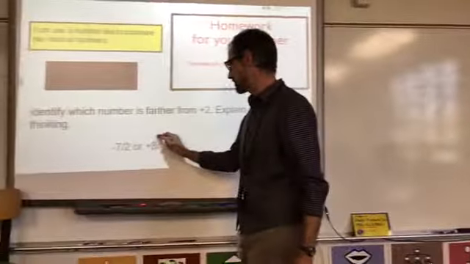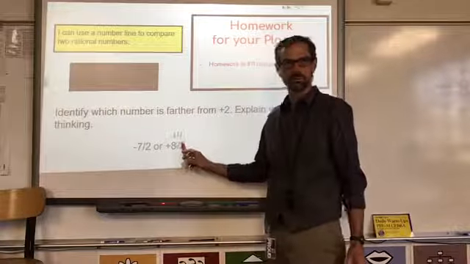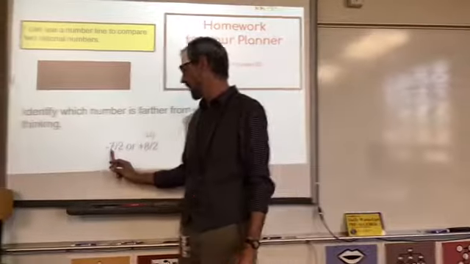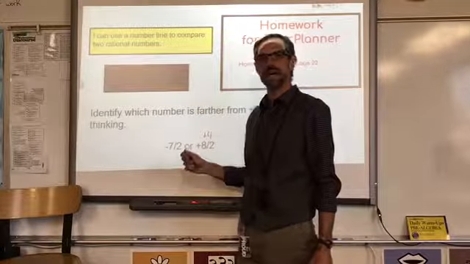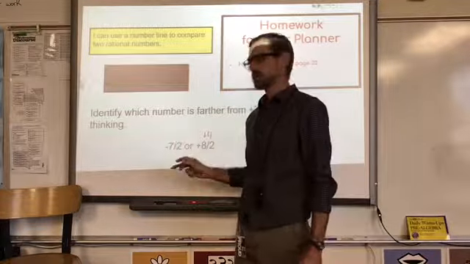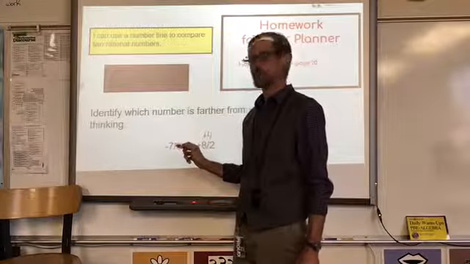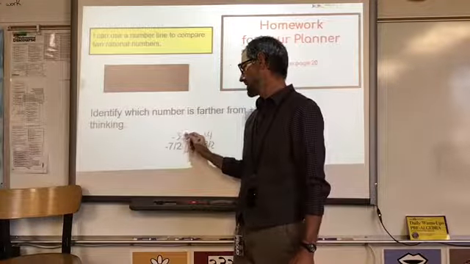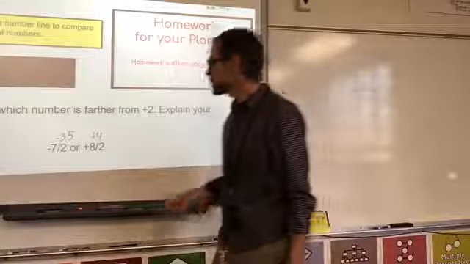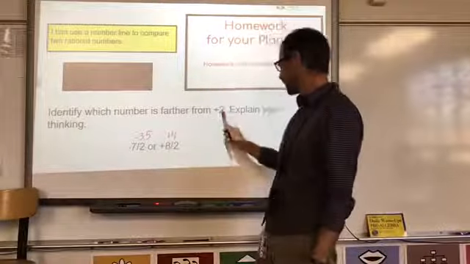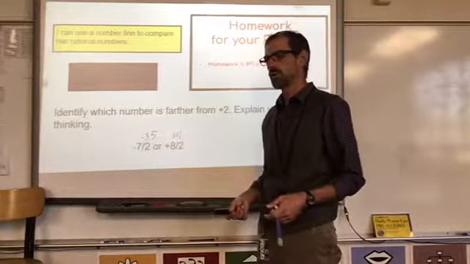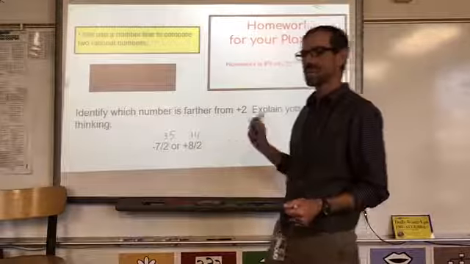Yeah, so this is positive 4 as an integer. As a rational number, it can look like 8 halves. What about negative 7 halves? What's that as a number instead of a rational number? Close. Negative 3 halves. So which one is further from positive 2, negative 3 halves or positive 4? Explain your thinking.